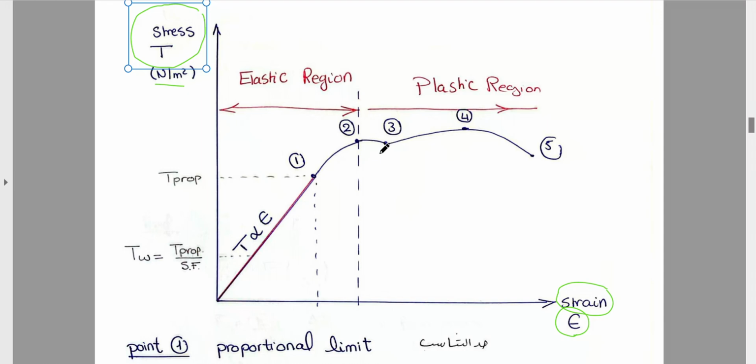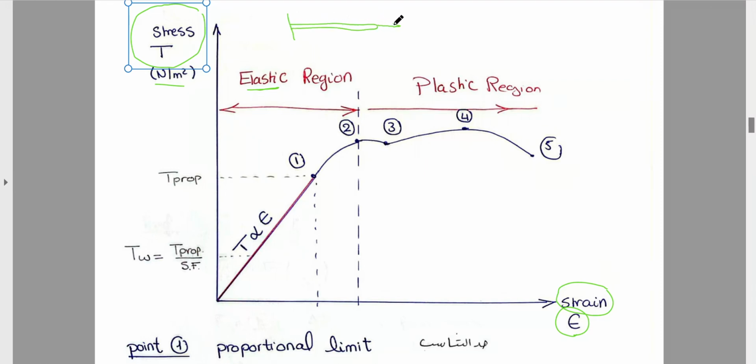It means that if you remove the stress, the material will not go back to the same dimensions as before. Let's explain it in another way. In this region, we say the material is elastic. Elastic means if you remove the stress, the strain is gone.